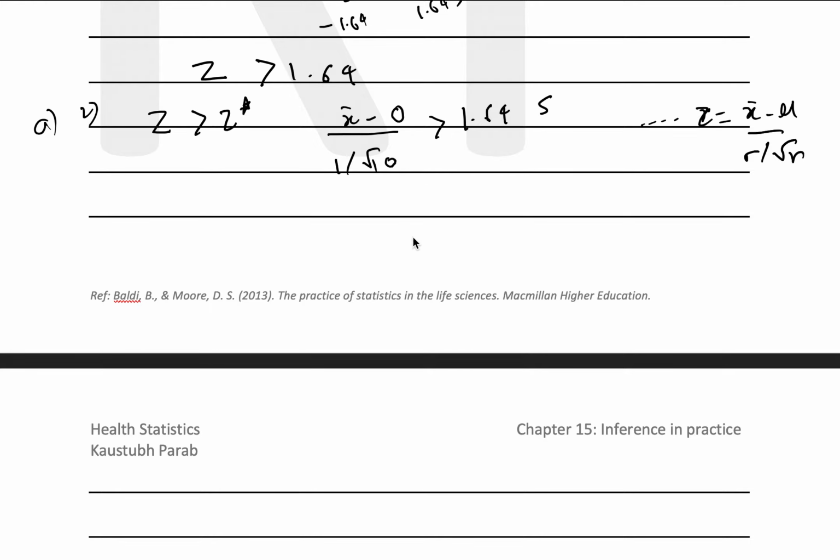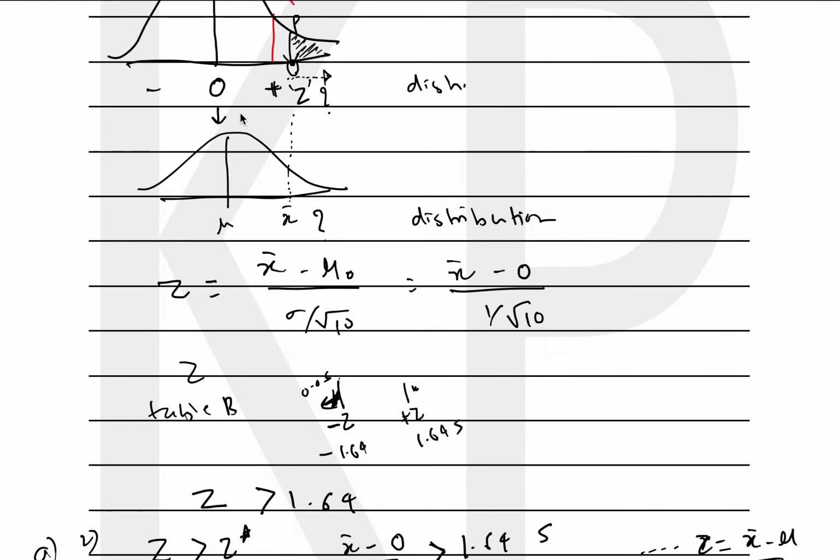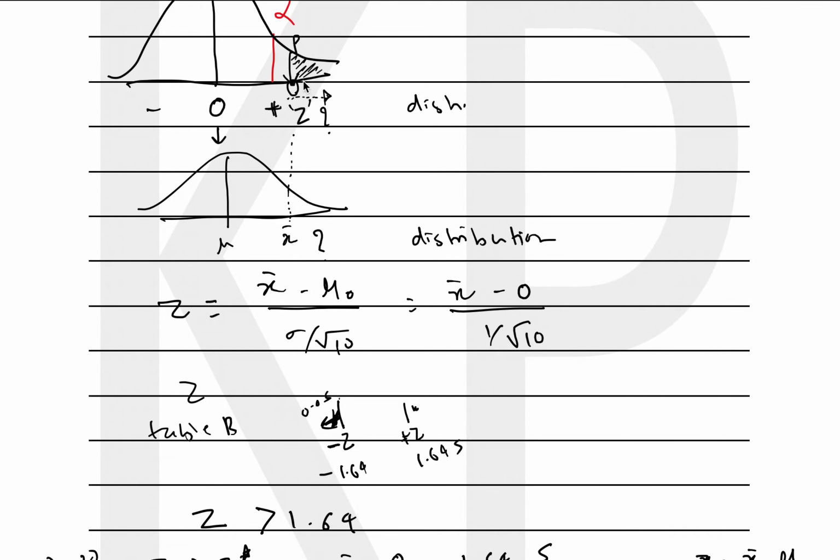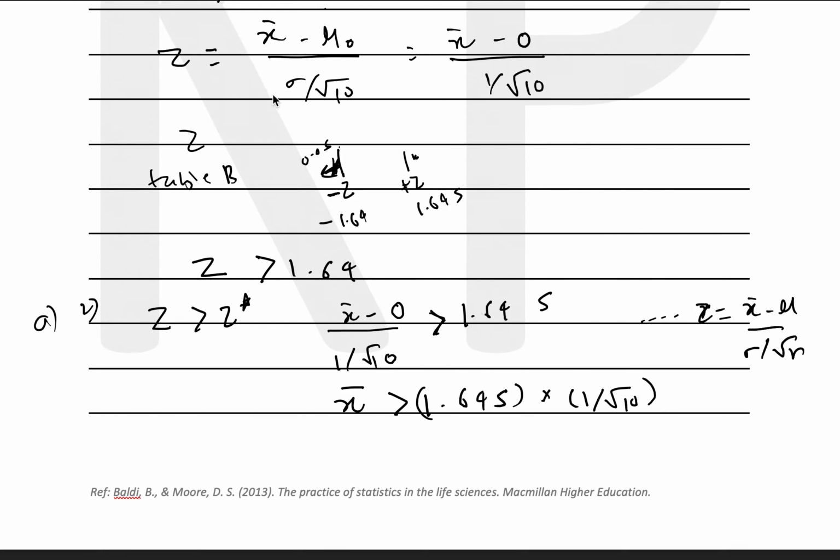So x bar is greater than 1.645 times 1 over square root of 10. You're just solving the equation here. It's just that we don't have an equal sign here, and we know the reason why: we're comparing the z value with the critical z. To reject the null hypothesis, our z has to be greater than that cutoff value z star, right?